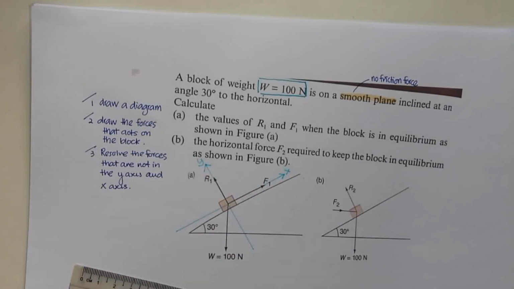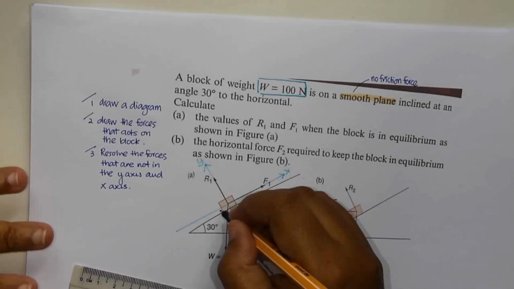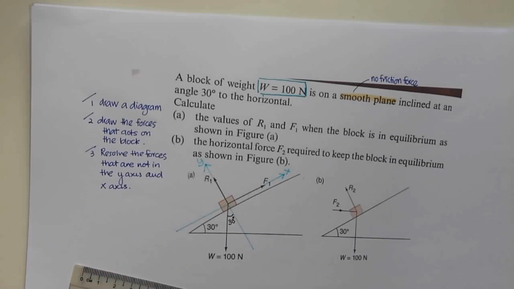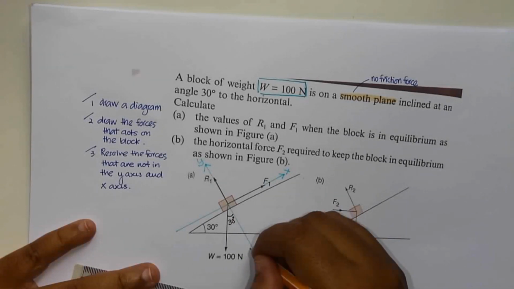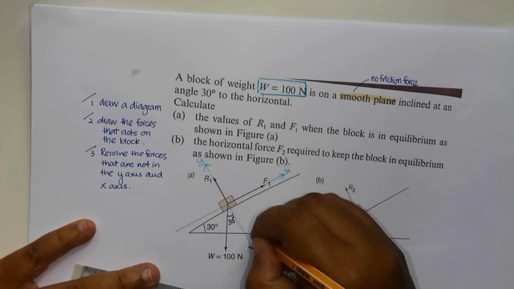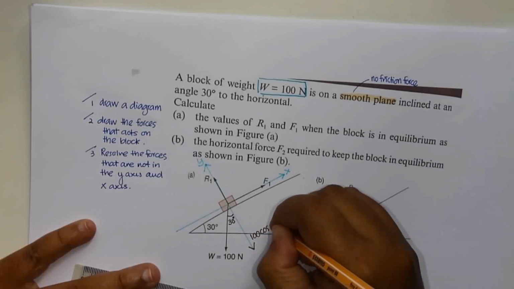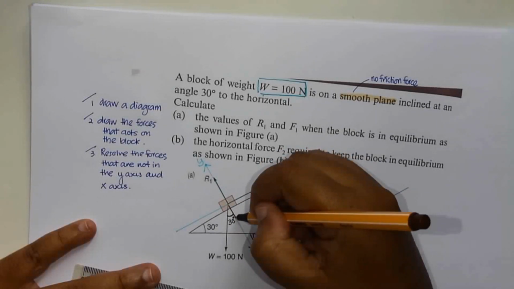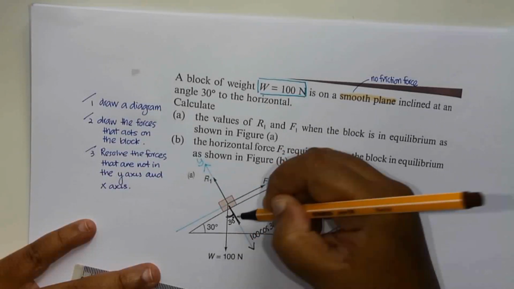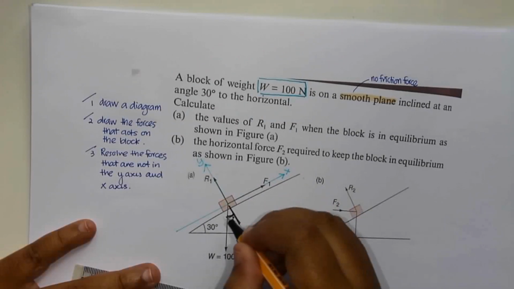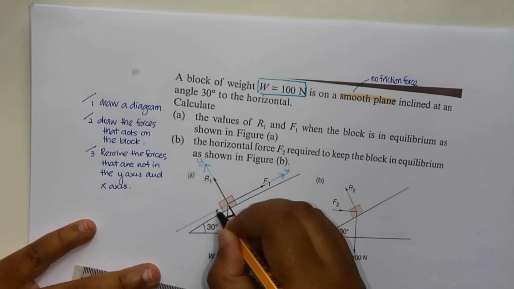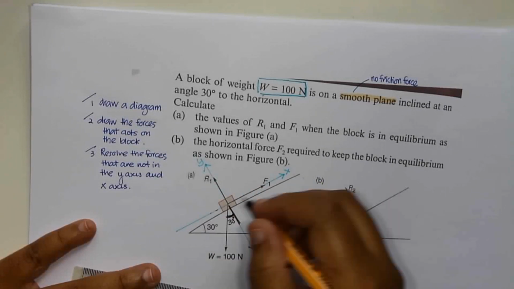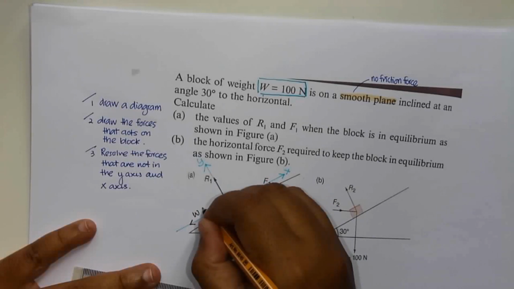Here we look at this. This will be 30 degrees. When we resolve this, we get 100 cos 30 here. Why cos? Because the angle to the y-axis is nearer. This angle and the x-axis are far apart, so here it becomes W sine 30.